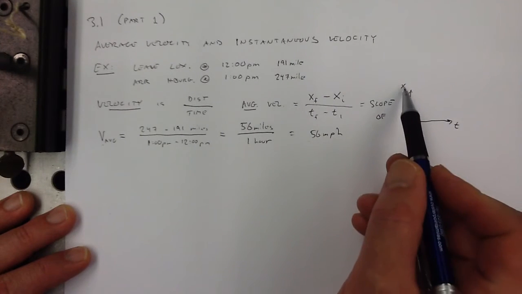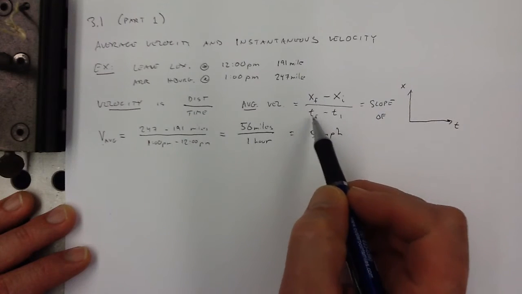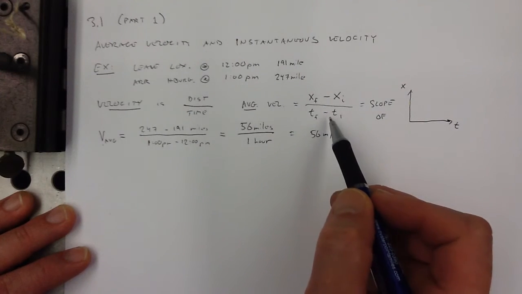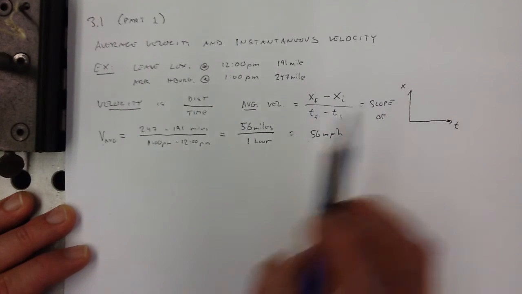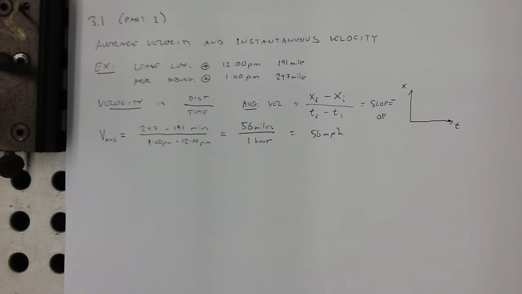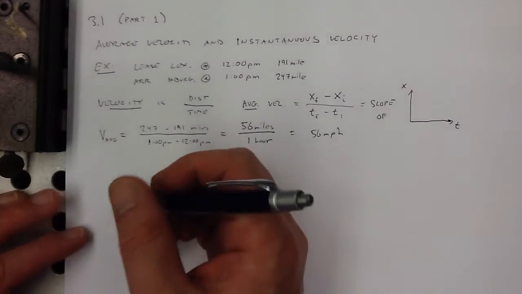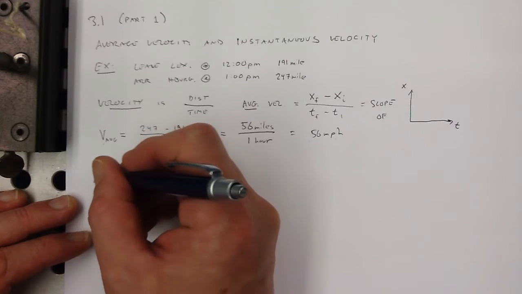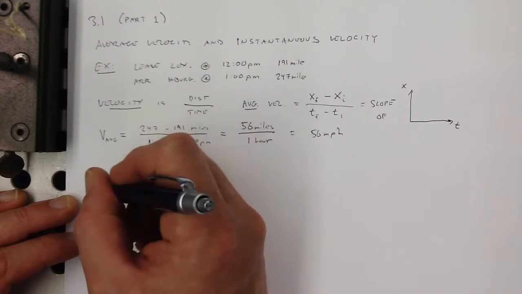Then x final minus x initial would be the rise, and t final minus t initial would be the run. So this expression here is a slope expression if we're looking at a position versus time graph. So, well, that's interesting. So what if we do look at a position versus time graph? So here's another example.